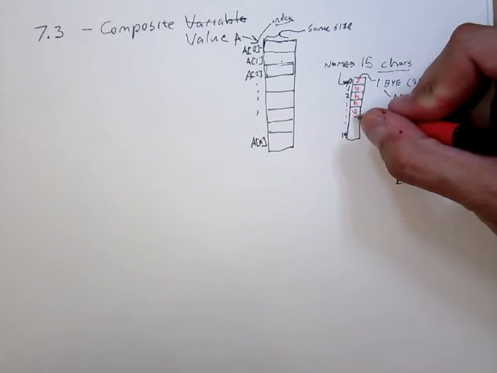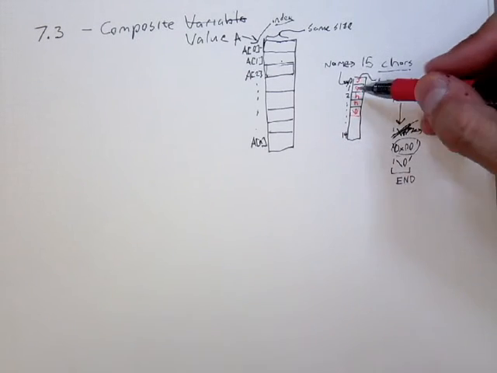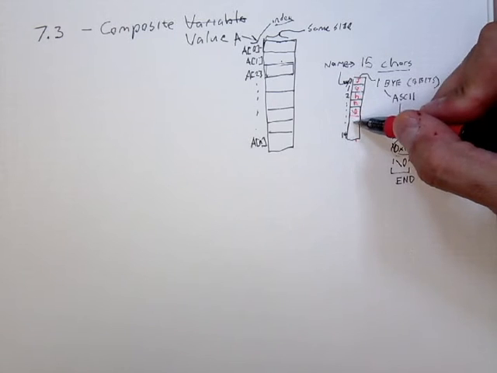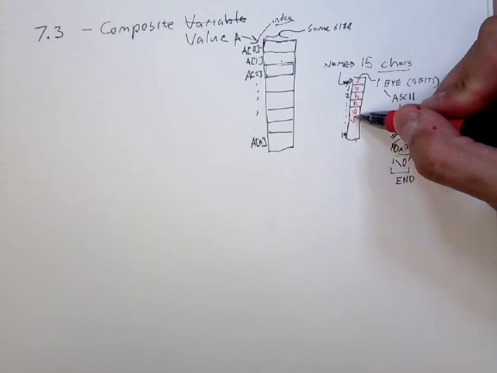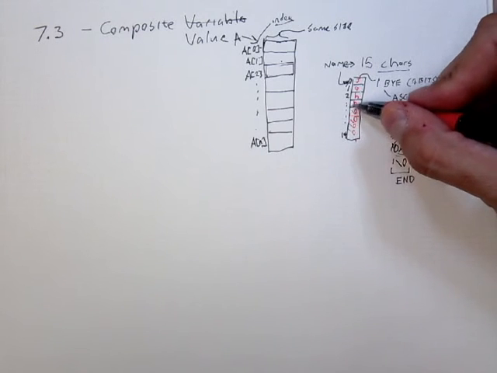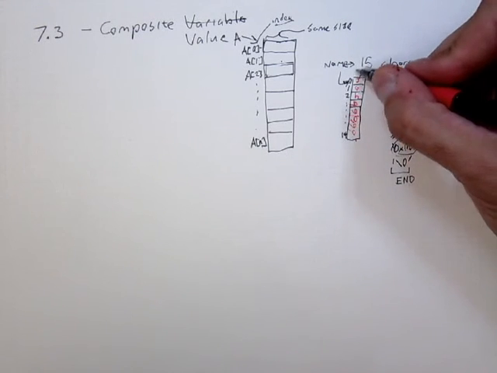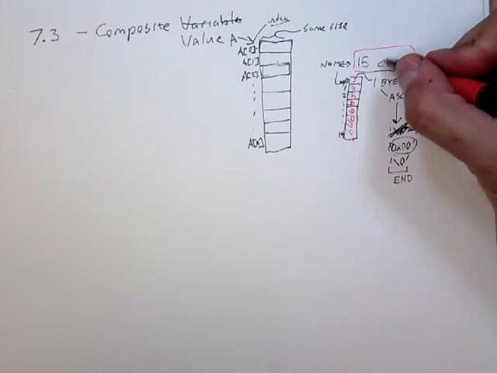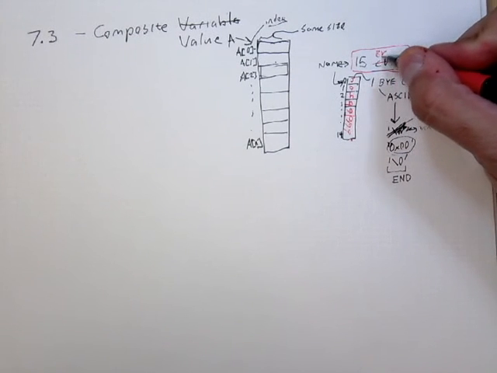So I'll just write a \0 for that. And we can store strings up to 15 characters. We don't care what the rest is. We can set all the rest of those characters to 0 if we want. And this way we could store a list of people's names, but every single name occupies 15 bytes of space.